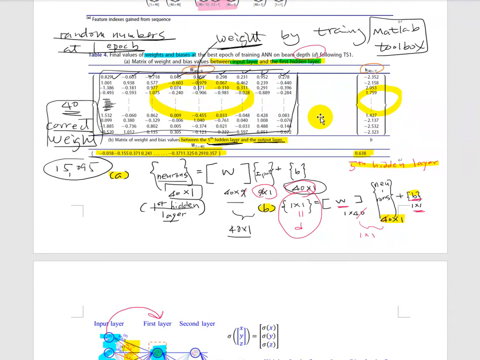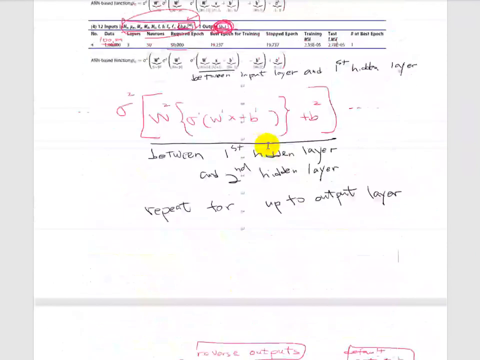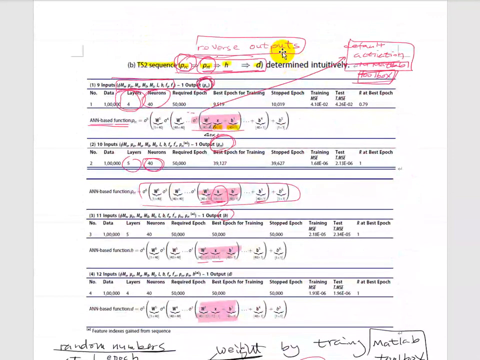And we're ready to go over the design of the doubly reinforced concrete beam after we repeat the same thing for all reverse outputs, based on the TS1 sequence where you see the training sequence right here, or the TS2 sequence, see right there. Okay, and we're going to continue.